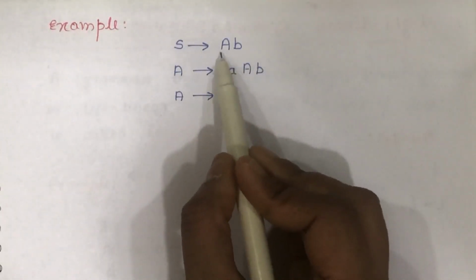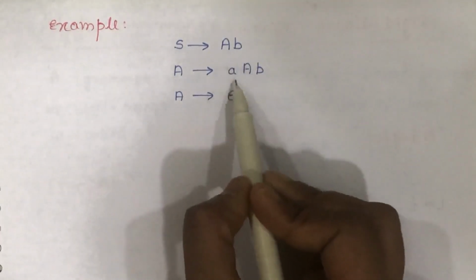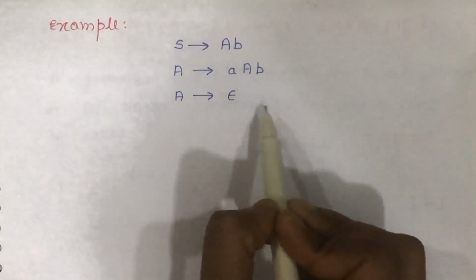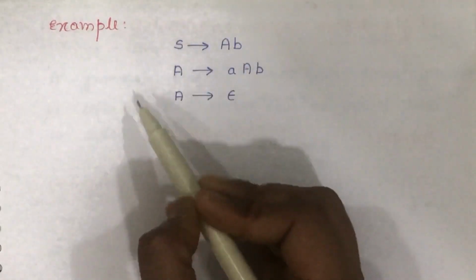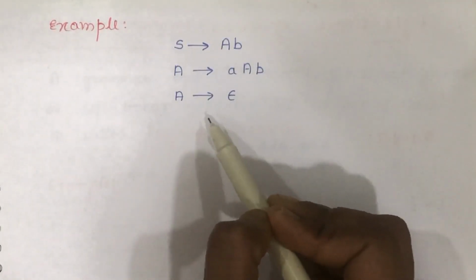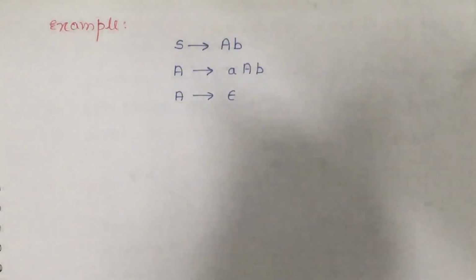On right hand side in this alternate we have at most one non-terminal. Here also we have at most one non-terminal. And here we have 0 non-terminal. All the production rules of this grammar are satisfying the property of linear grammar. So we can say that this given grammar is linear grammar.